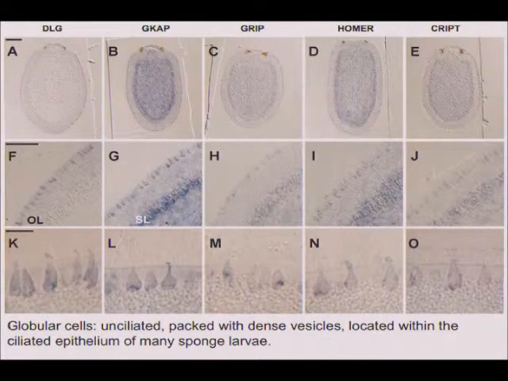This part is in collaboration with Bernie Degnan at the University of Queensland, and showed that all of these genes were expressed, but importantly, they were also all expressed in the same cell type, called a globular cell, here along the surface of the larval form.